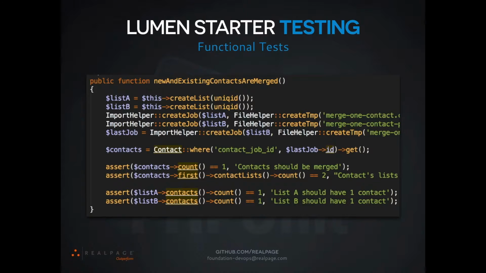I wanted to show this because when we started thinking of functional tests within our application, as we went through the process of getting further and further into testing, we thought of everything from an acceptance testing perspective, maybe a little bit more of a QA approach: with every test, we're going to log in as a user, click through the interface to get to the page we need, and then test to make sure that functionality works.